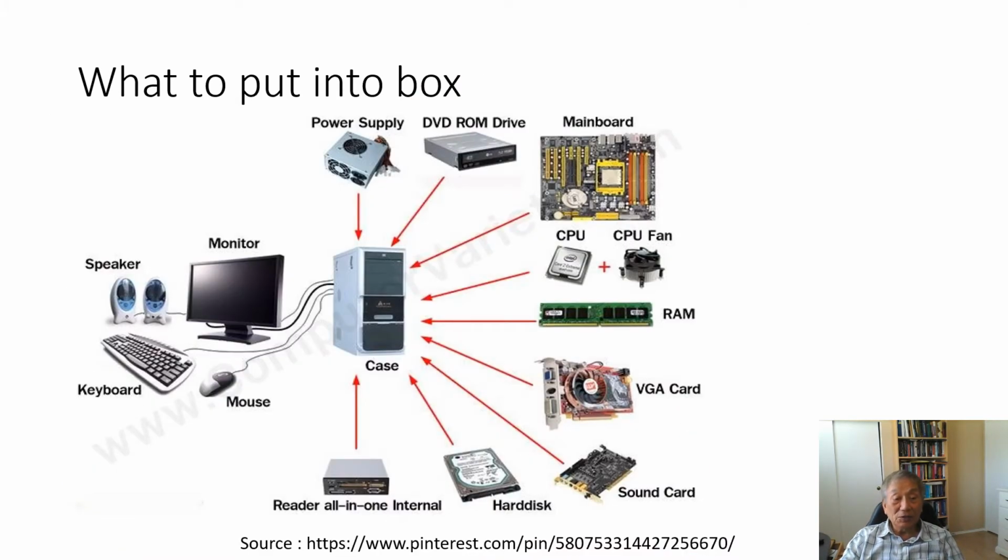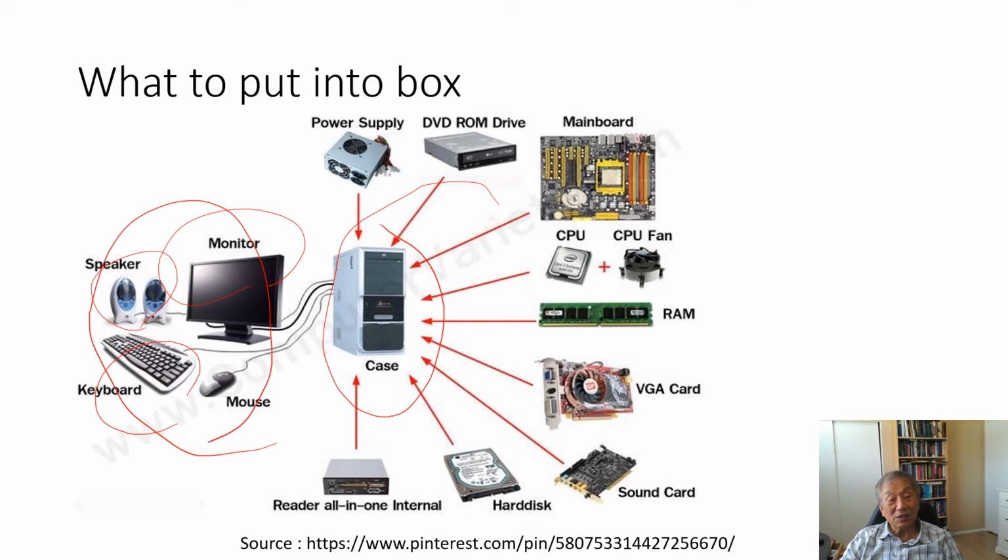So in general, within a box, of course, there are bigger computers with much different architecture, but you have monitors and speakers, keyboard. So these things are typically input and output devices. The keyboard and the mouse, those things are input devices. And there is something more.